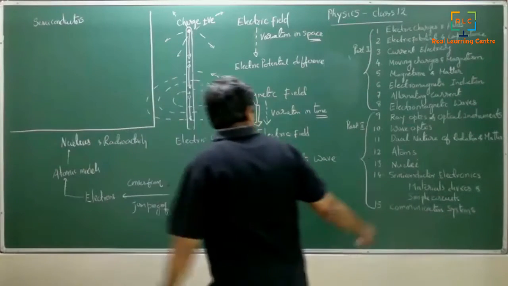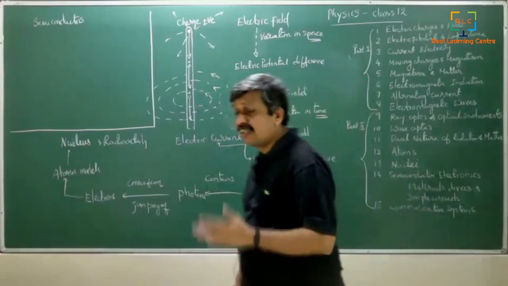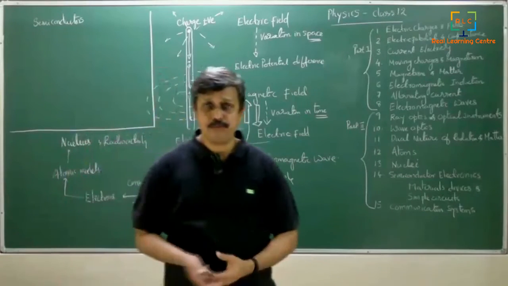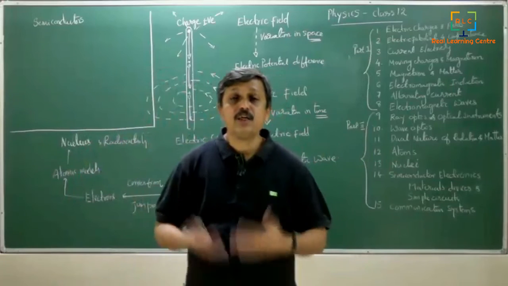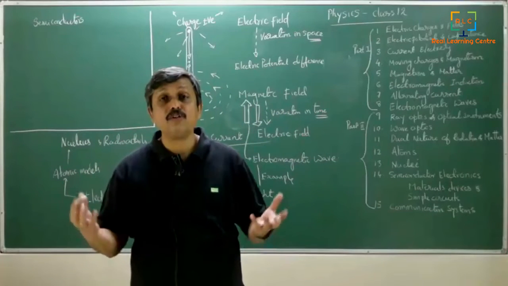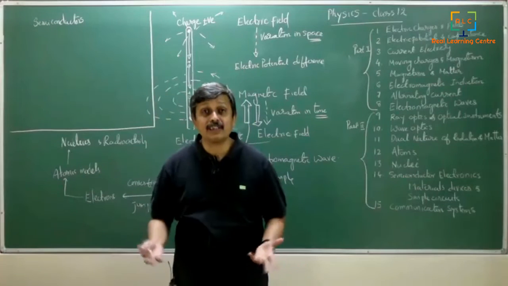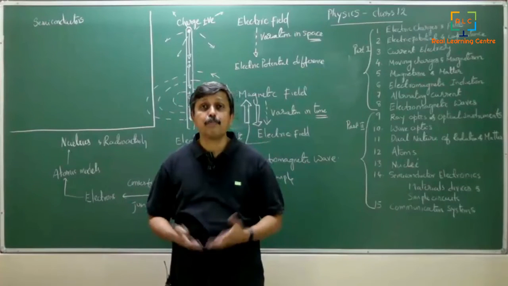We are going to study what these semiconductors are and what kind of materials we are going to use. What devices you can make out of those materials, like transistors, diodes, and many of those things, and how those devices can be put together, integrated into small chips, to make the huge computers.